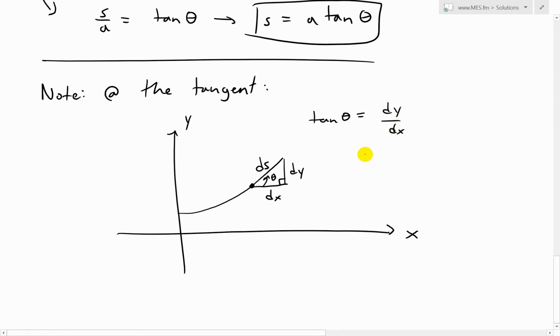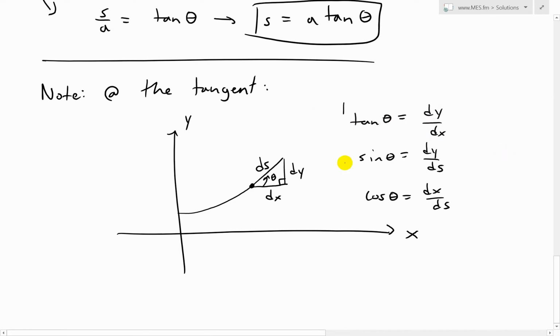Sine theta is equal to opposite over hypotenuse, so we have dy over ds. And then cosine theta is equal to dx over ds. These will all be pretty useful, so I'll move this over here and box it in because we will be using these.